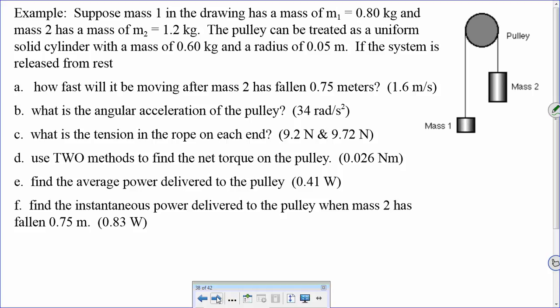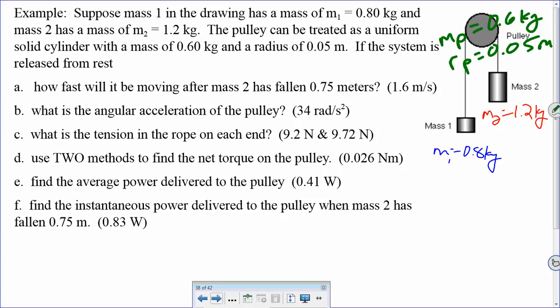So we're given a whole bunch of information here. Suppose mass 1 in the drawing has a mass of 0.8 kilograms. So let's make a little note of this. The mass here is 0.8 kilograms. Mass 2 is 1.2 kilograms. The mass of the pulley, if you read through the problem, is 0.6 kilograms, and the radius of the pulley is 0.05 meters.